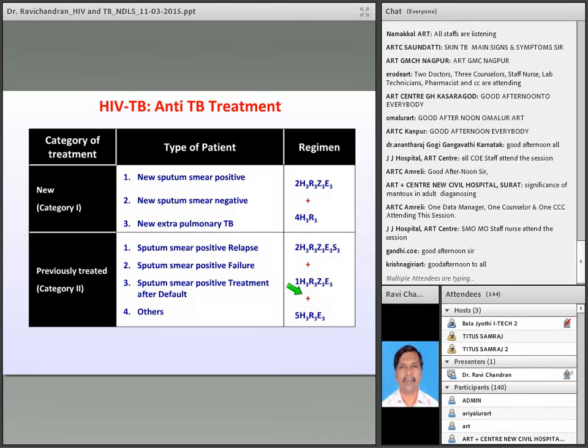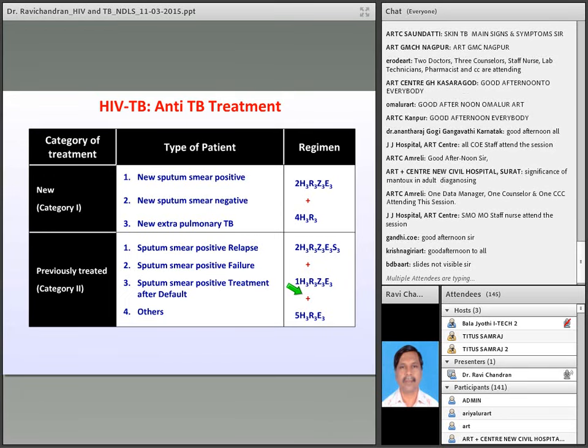We categorize the patients with tuberculosis into category 1 and category 2. What is category 1?